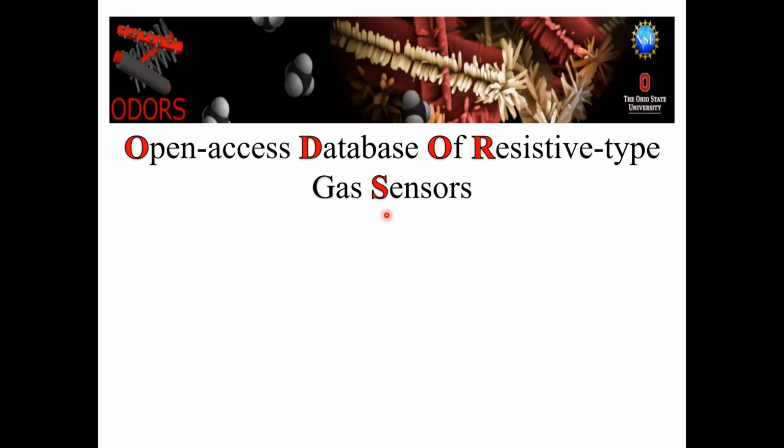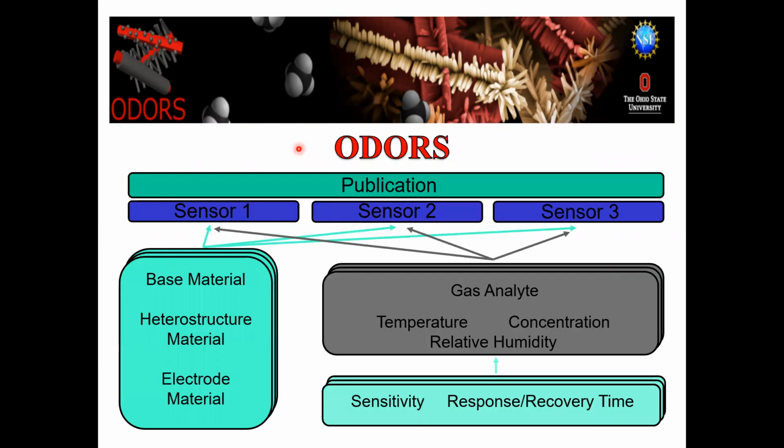And then we also recently developed an open access database of resistive type gas sensors, where we input data into this database from published literature. So, take an application, we look at various sensors that the publication talks about. We categorize in terms of base material.